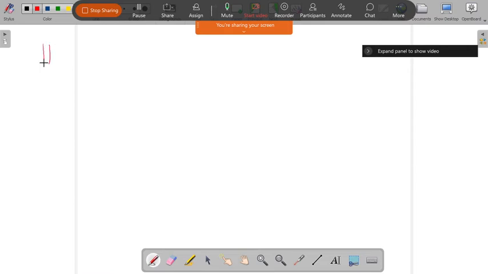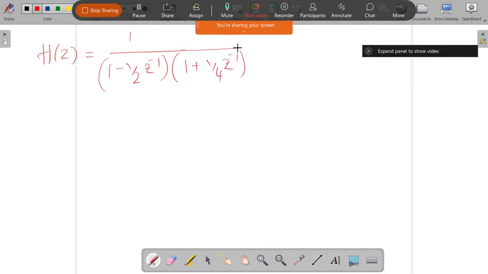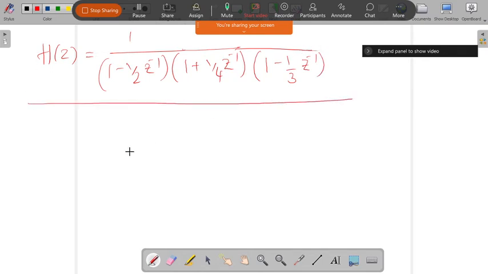So h of z is directly given, that is 1 over 1 minus 1 by 2 z inverse, into 1 plus 1 by 4 z inverse, into 1 minus 1 by 3 z inverse. So this is the h of z which is given.